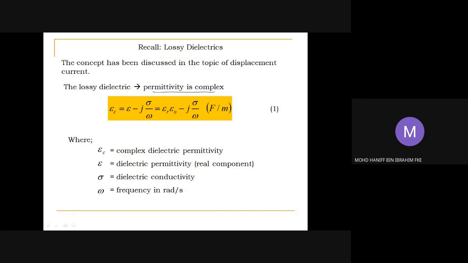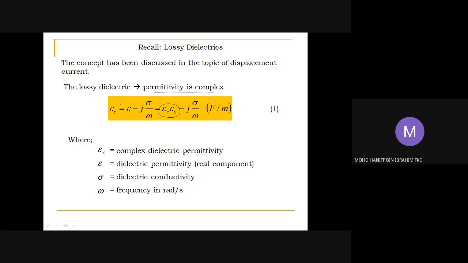It's a complex value in which the real part is epsilon naught multiplied with epsilon r, and for the imaginary part, it should be the ratio between the conductivity of the medium and the frequency, sigma over omega. I hope that you can still recall this from lecture 22. Or if you want to have more understanding on this, please refer back to lecture 22.